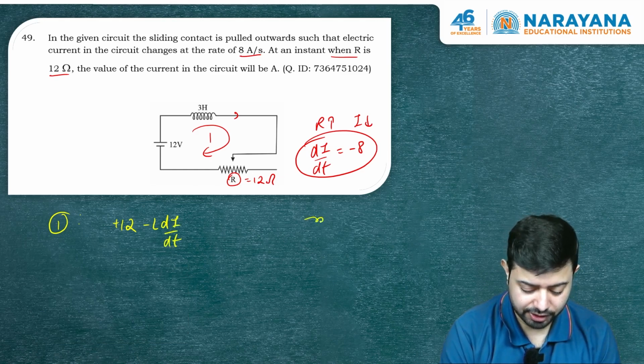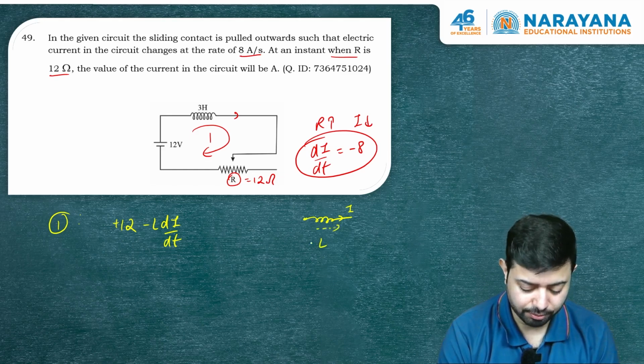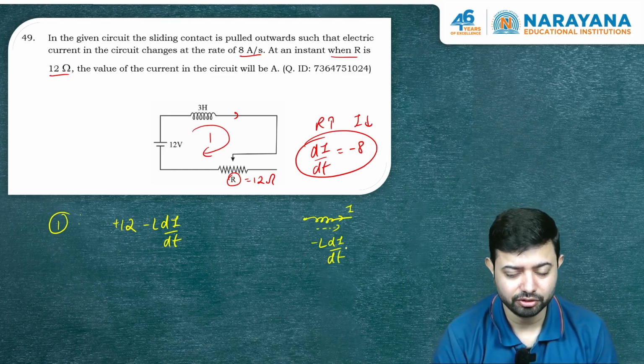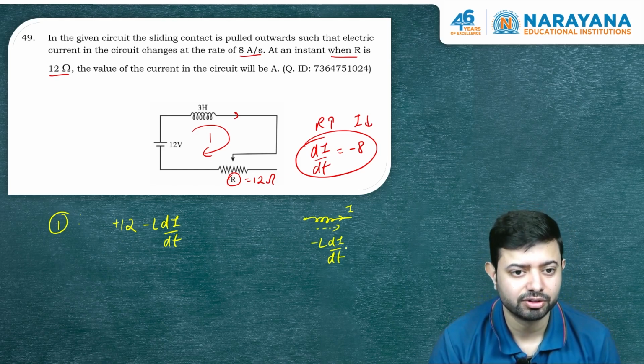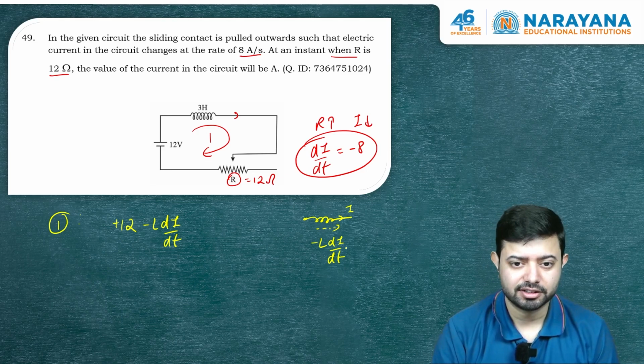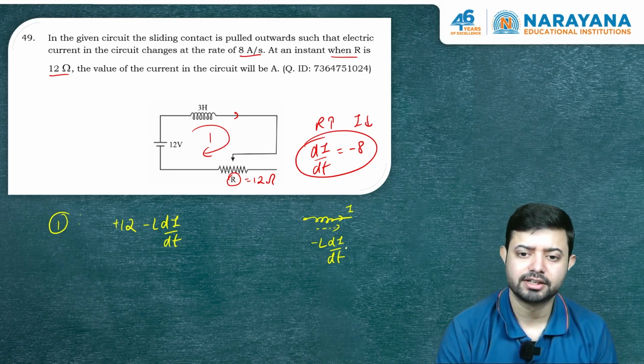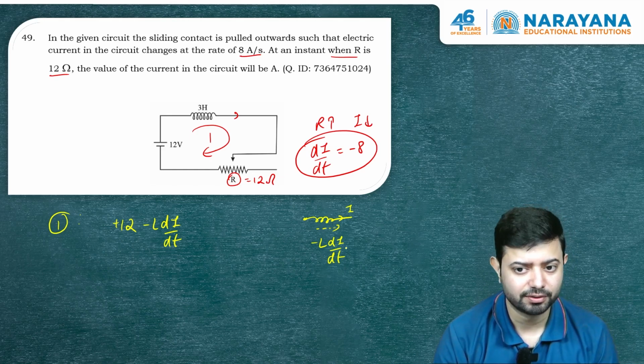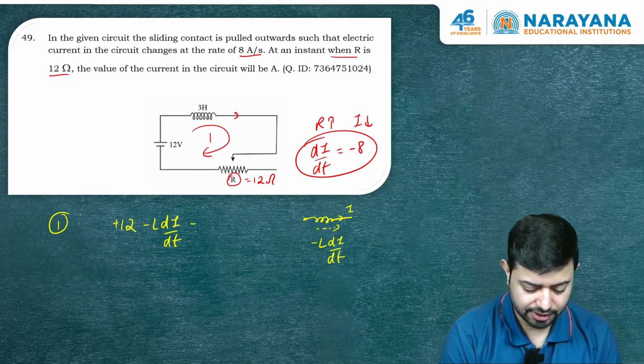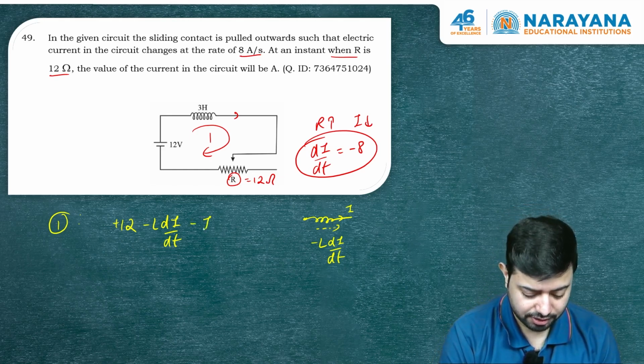Remember, if you have inductor like this, there is a current like this, and if you go in this direction, in the loop law you write it down as minus L di by dt, similar to the resistors also. You write down in the direction of current, when current is through resistor, you write it down minus IR, same way also you write it down like this. Now whatever be the di by dt, it is negative or positive, will be taken care automatically. So minus then IR, correct.